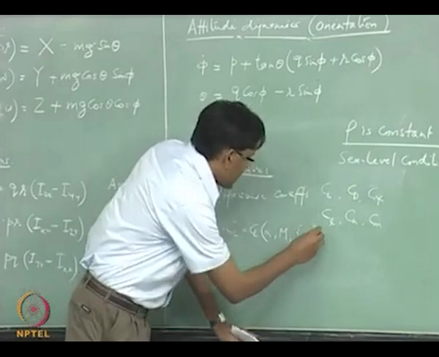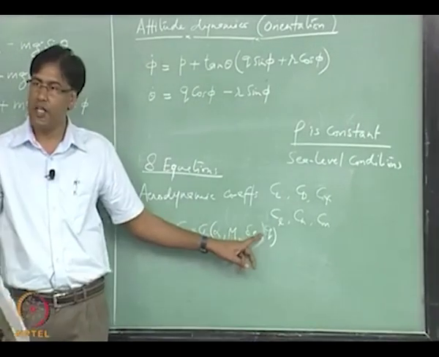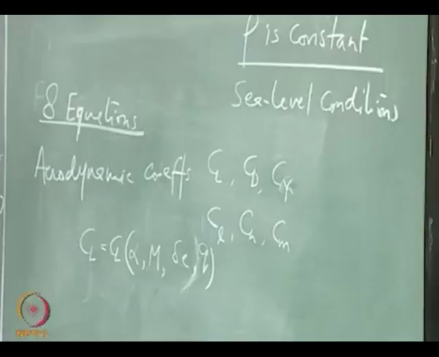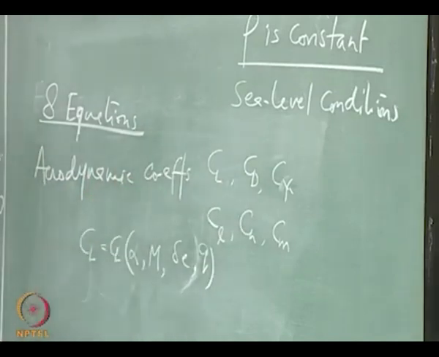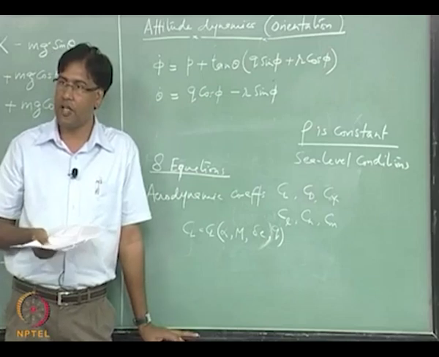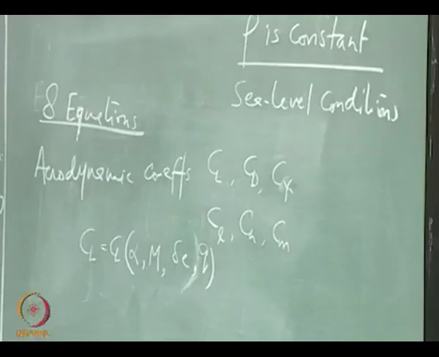So, CL will also be a function of Q, which is the pitch rate, and this can also become nonlinear in the post stall regime of flight. Similarly, we have all these aerodynamic coefficients depending upon all the variables, particularly alpha, beta and the rates, because rates are going to affect the flow field around the aircraft, and that in turn is going to affect the forces and moments, isn't it.